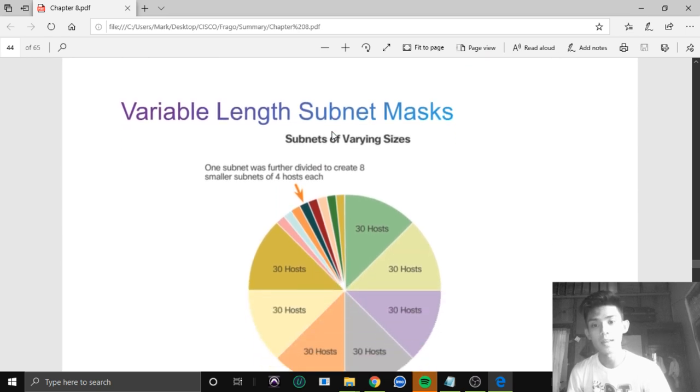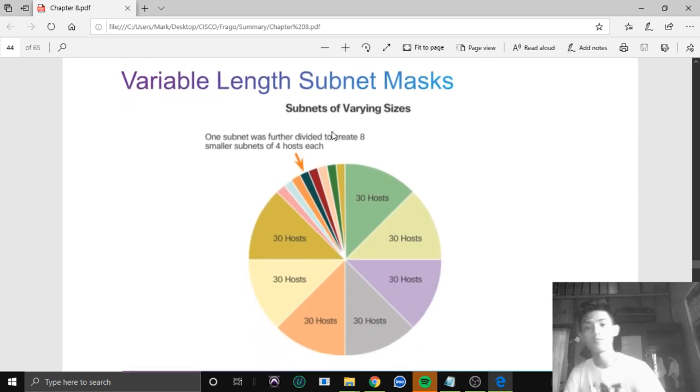So variable length subnet masks. One of the subnets was further divided to create 8 smaller subnets of 4 hosts each.